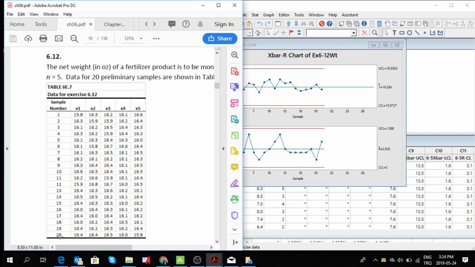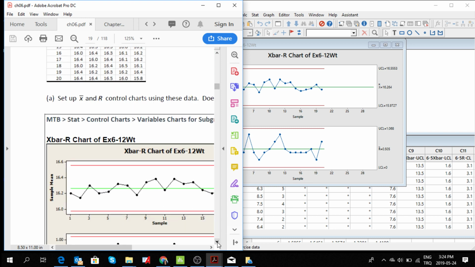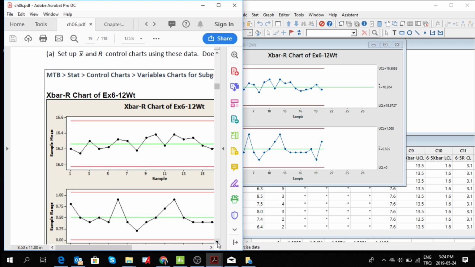There are 20 samples, and from each we got 5 observations, which we call subgroup size. This is a subgroup, this is a subgroup, this is a subgroup, and the number of observations in the subgroup is 5. So it's the same chart we get in the question.